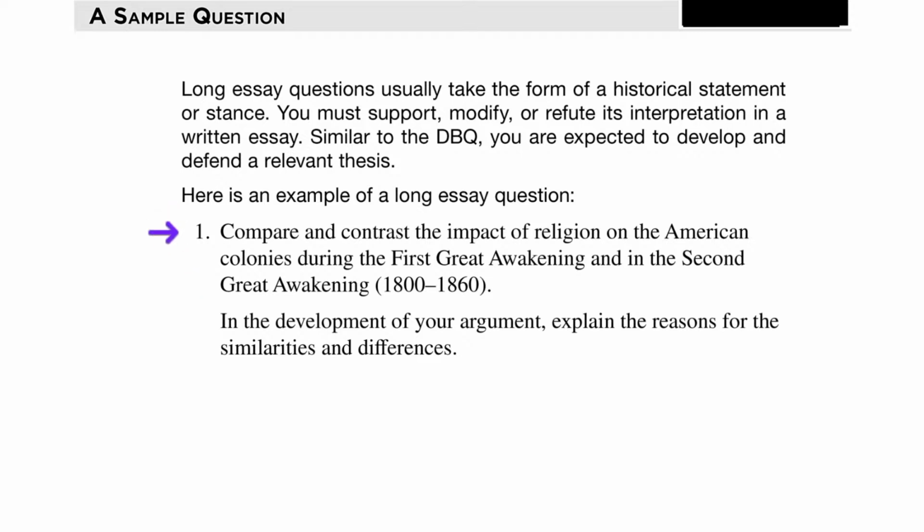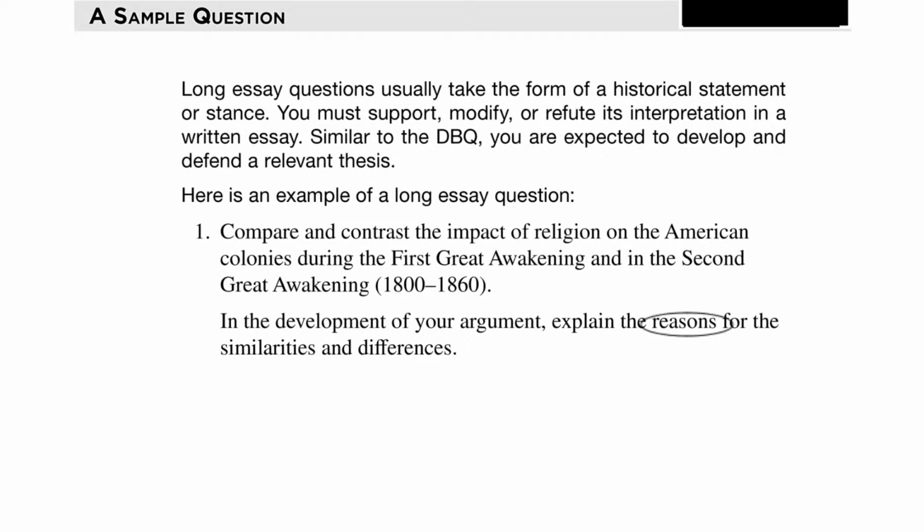So these are things obviously you need to have studied, and I'm assuming everybody here has learned about both of these things. And there was obviously a difference between the first Great Awakening and the second Great Awakening. So you need to discuss those things. And it says, explain the reasons for the similarities and differences.